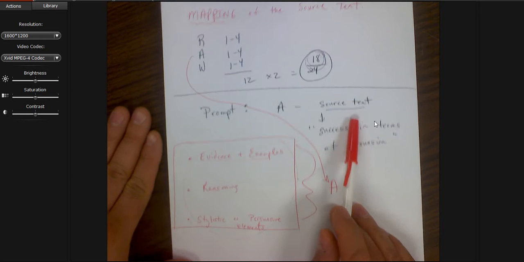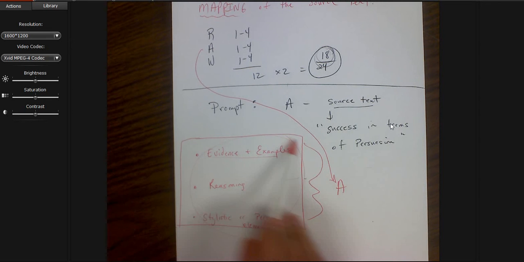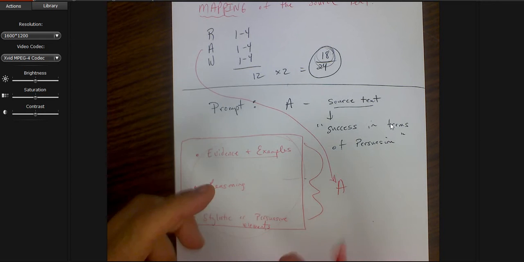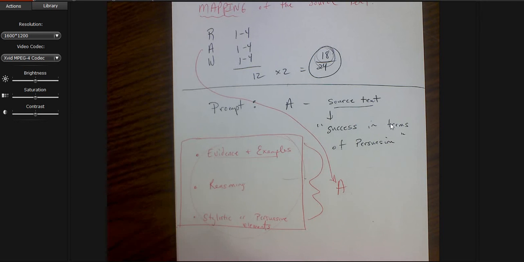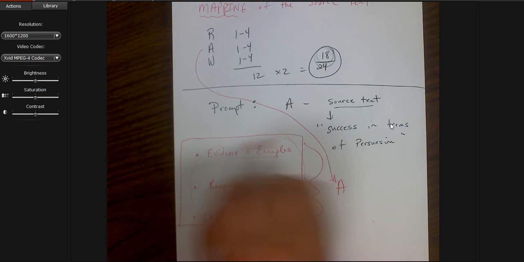But if you have 50 minutes, I would say you don't want to spend more than 15 minutes, and that might be a lot, reading through the source text and labeling or identifying all of these examples, at least enough that you could support an essay, because then that's going to leave you with a 35-minute time frame now to start drafting your thesis and all of your supporting paragraphs. So mapping refers to identifying these three elements in the source text.